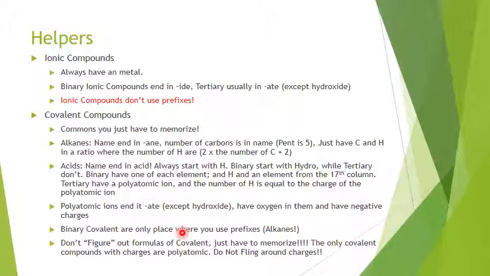The last 6, penta, hexa, hepta, octa, nona, and deca, are found in the alkanes as well. But mono, di, tri, and tetra are not. And again, do not figure out the formulas of the covalents. You have to memorize them.